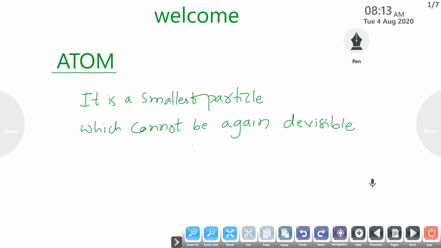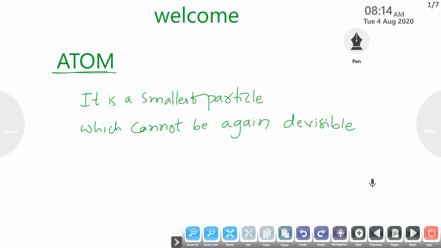Here, all matters are made by tiny particles, so those tiny particles are called atoms. That means every state of a matter is made up of tiny particles. The tiny particles are called atoms.